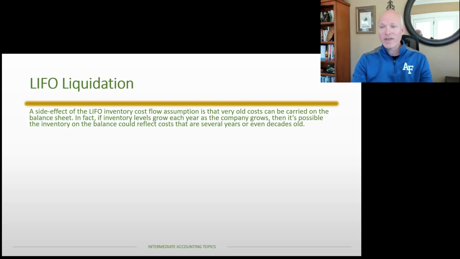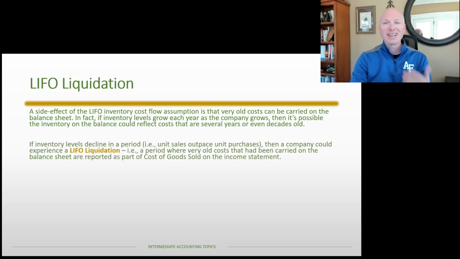And if that happens, you have what's called a LIFO liquidation, where you're recording some of the costs associated with your sales at very old costs. So instead of current costs as part of cost of goods sold, I have costs from 10 years ago.